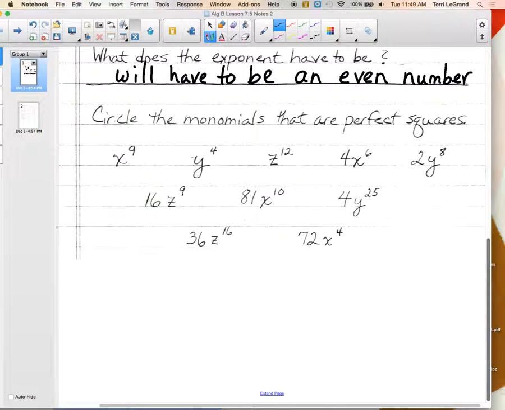Okay, and now if I tell you there are 5 of them that you should have circled. Only 5. Or maybe you don't have enough. Some of you, I think you have a lot more than 5 circled. Some of you might not have enough circled. 5 of them are perfect square monomials.